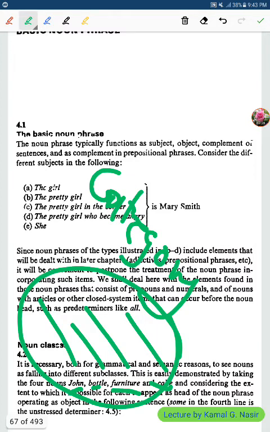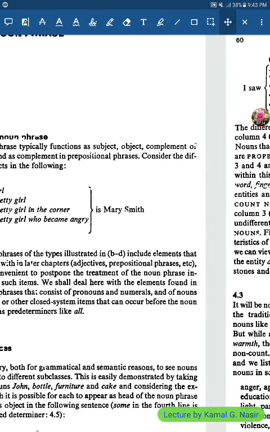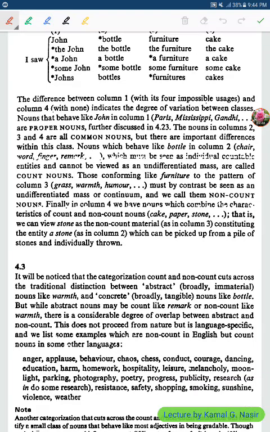Right? No, they do not belong to the same category. How? Look well. For example, nouns are classified into, for example, proper nouns. One of the types of nouns is called what? Proper nouns.